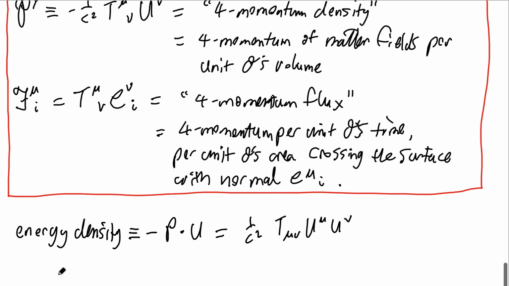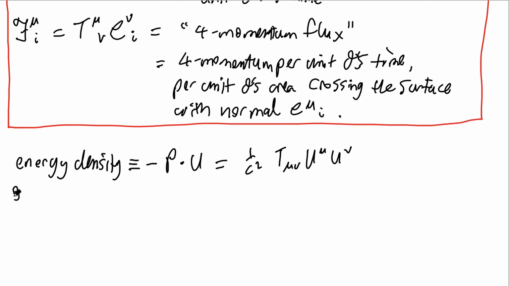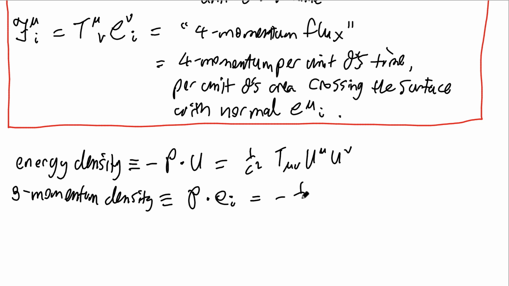And likewise, the 3 momentum density is just the 4 momentum density contracted with the spatial basis vector EI. So putting that together with the definition, we have minus 1 over c squared times T mu nu u mu e nu I. And now from the 4 momentum flux, the observer can define an energy flux.